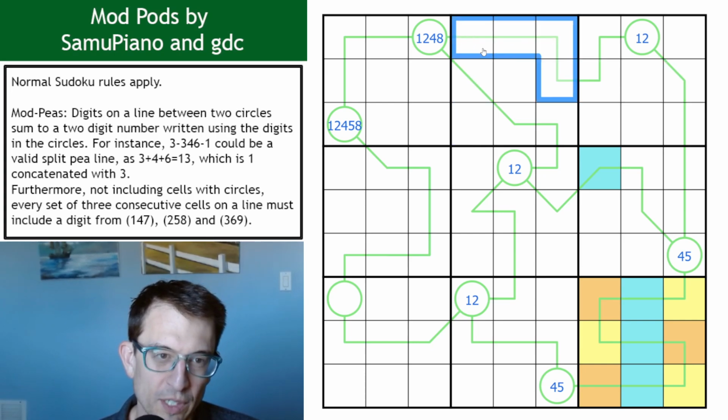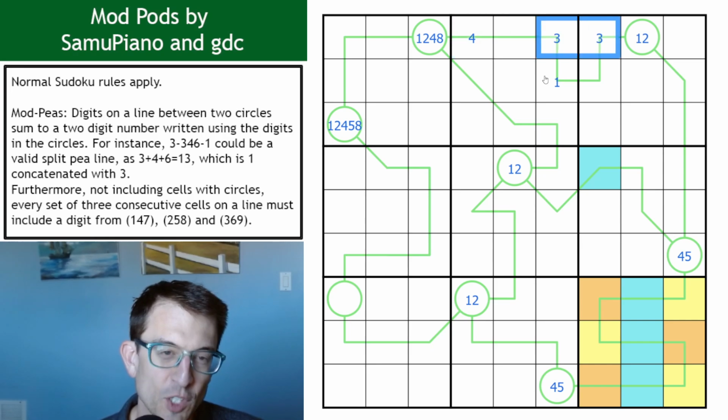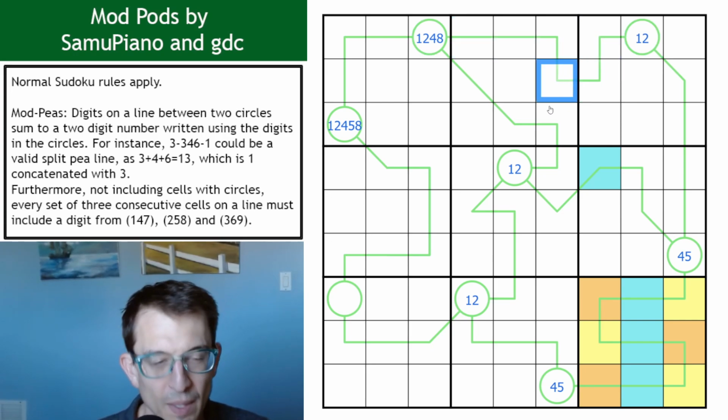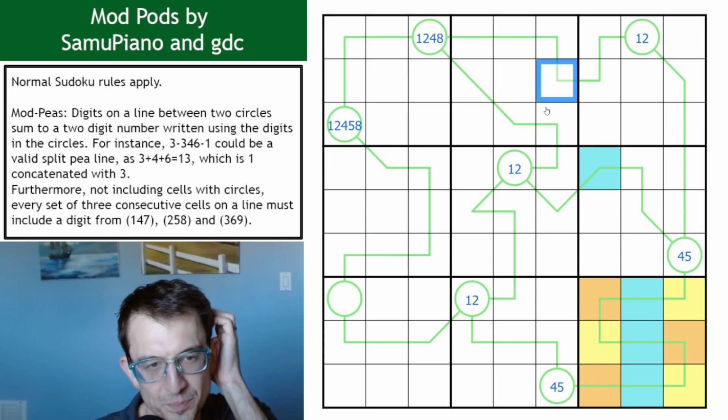So 18 works. If it were 18, it'd have to be 1, 4, and then this could be 3, 6, and 2, 2. That works, or these could be 3, and that could be 2, 5 for 18. Either way works though, but it just barely works.